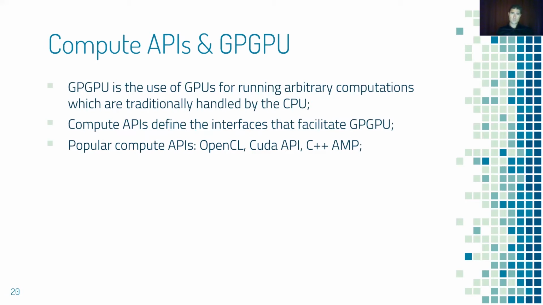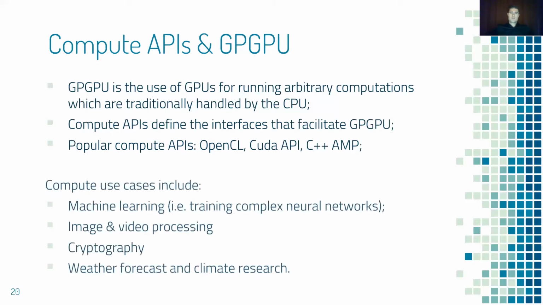Before compute APIs, scientists or neural network engineers were using graphics APIs to solve their non-graphics problems. While that's possible, it's not ideal. So people recognized that GPUs could be used for much more than graphics, and then they gave us APIs to do this more easily. Some popular compute APIs are OpenCL, which I already mentioned, the CUDA API from NVIDIA, and C++ AMP from Microsoft. But out of those, OpenCL is the most popular by far.